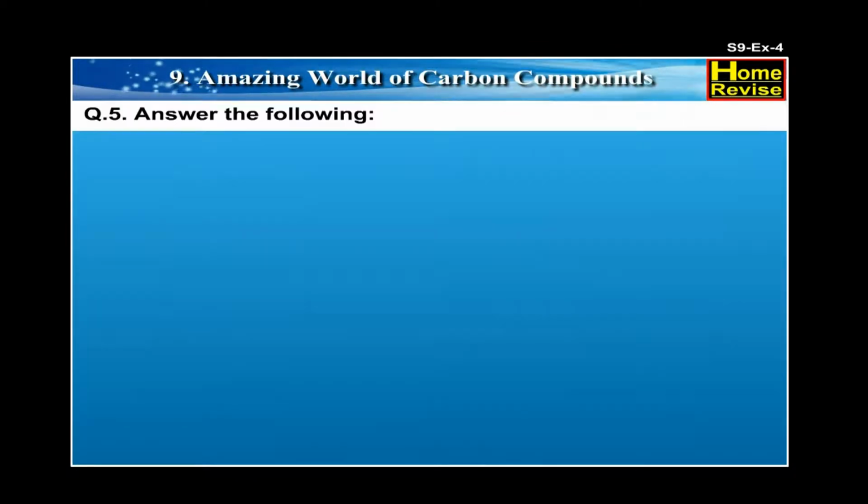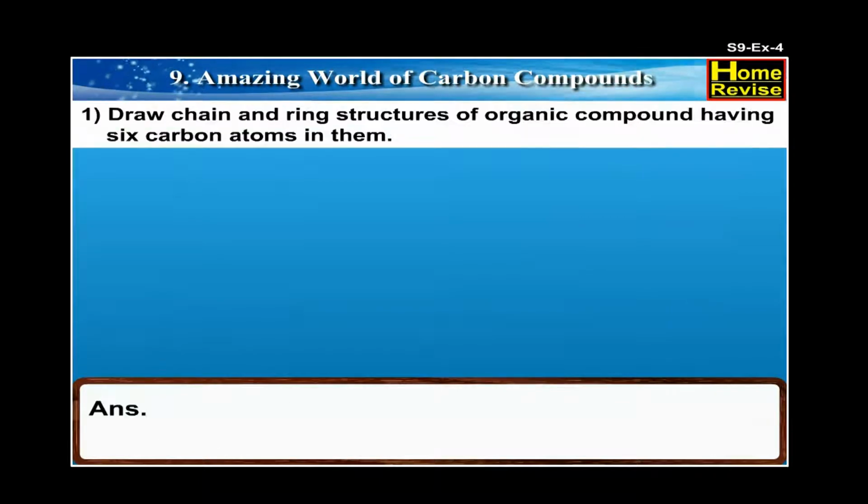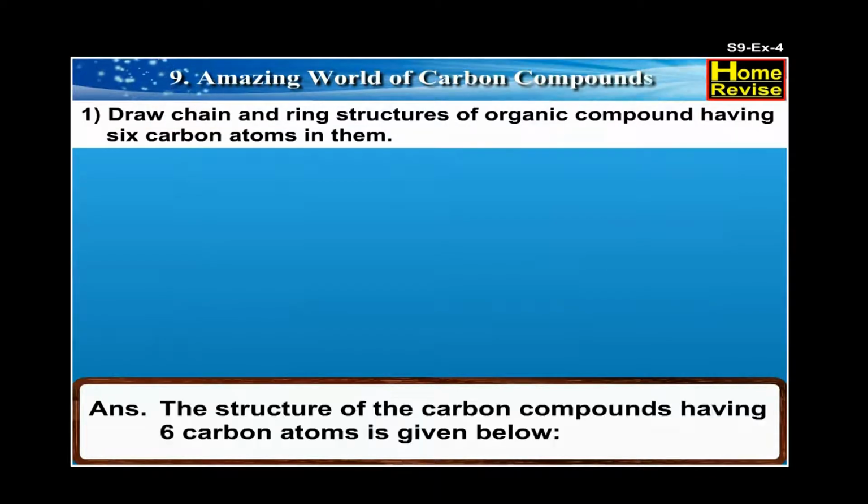Question 5. Answer the following. First, draw chain and ring structures of organic compounds having 6 carbon atoms in them. Answer. The structure of the carbon compounds having 6 carbon atoms is given below.